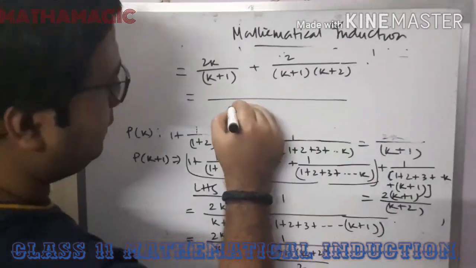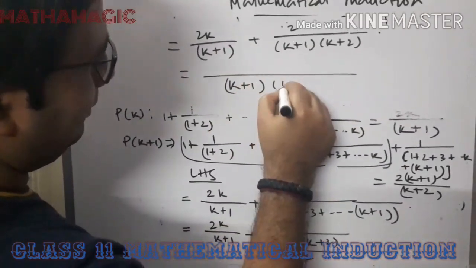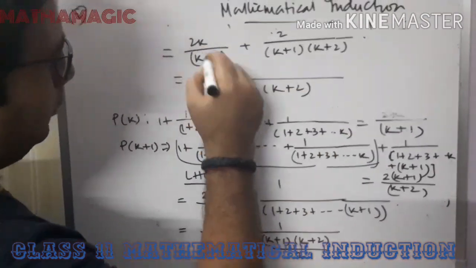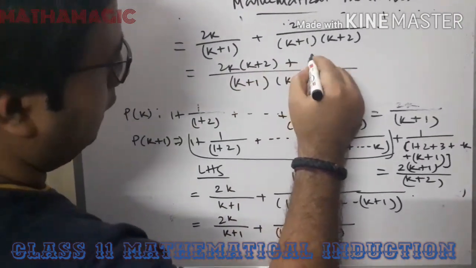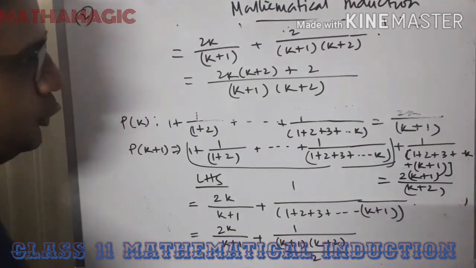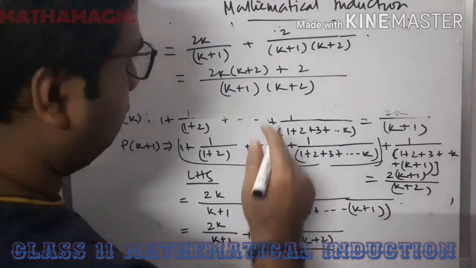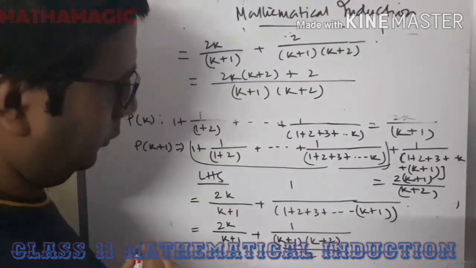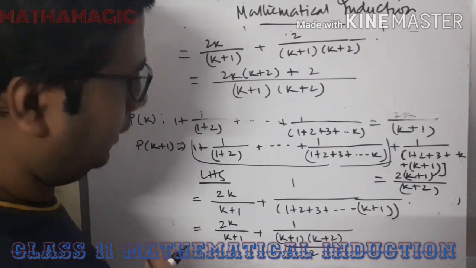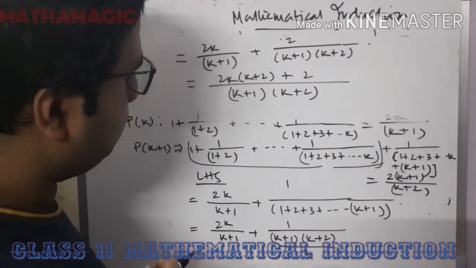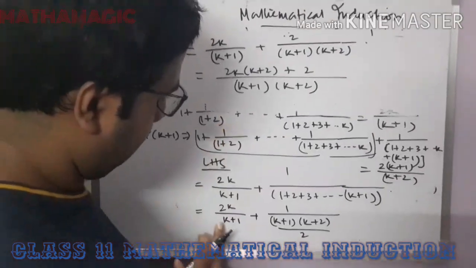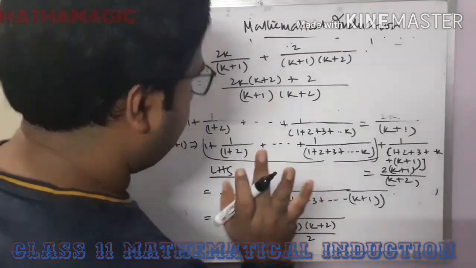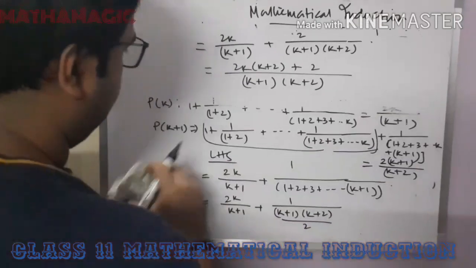So the LCM is k plus 1 into k plus 2. So it will be 2 into k plus 2 plus 2. Simply it will be 2. Now if we take this one, 2 into k plus 1, k plus 1 divided by 2. Okay, I'll remove this one.